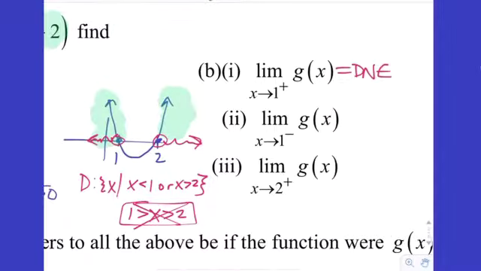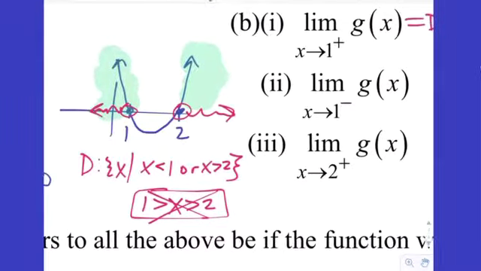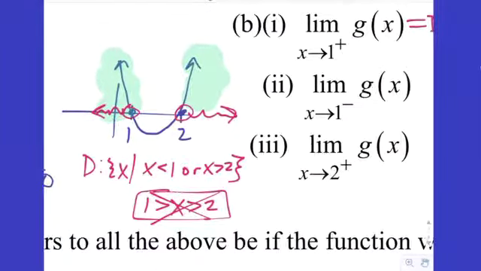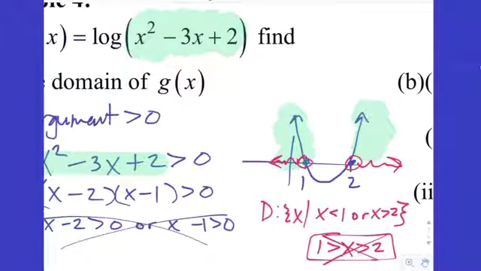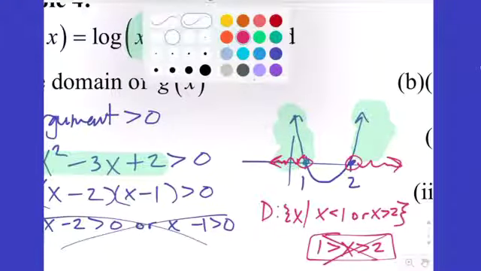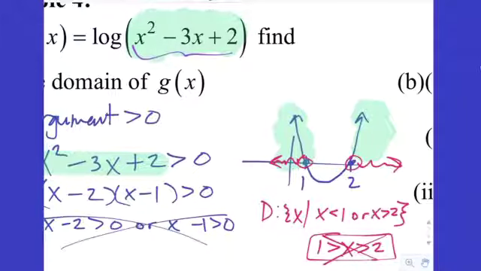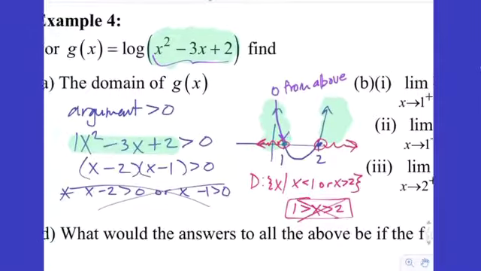not because the y values don't exist or the limit of the y values doesn't exist. What would be the limit now as we approach 1 from the left? Well, think about this. As we approach 1 from the left on the inside here, we're on this parabola, and we're approaching 0, right? From where? From above. Yes, we're approaching the x-axis from above. So we're going to have positive inputs.